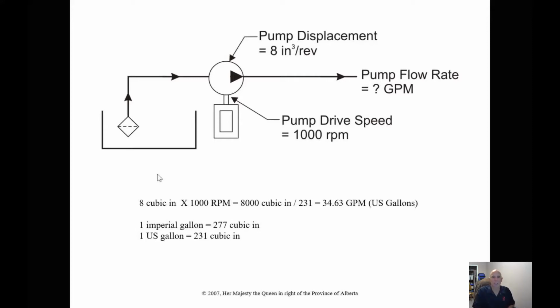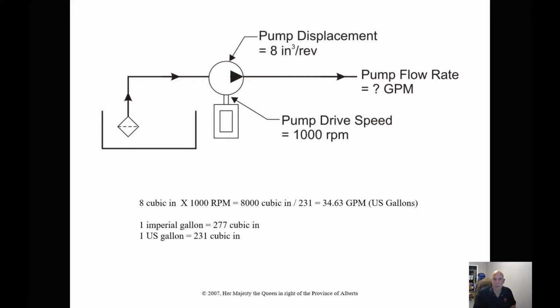So what does positive displacement mean? Positive displacement means for every revolution, the pump will displace a certain amount of fluid, as in oil. If we take a look at this picture, this pump displaces 8 cubic inches per revolution, and that never changes.